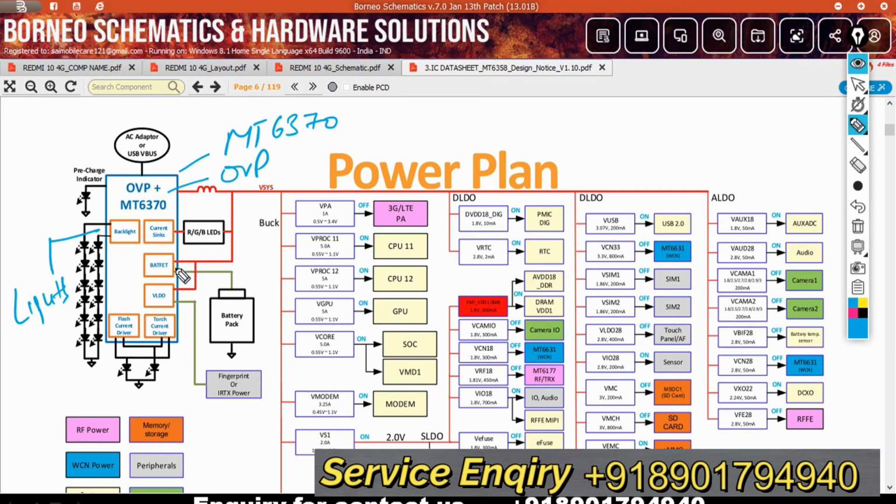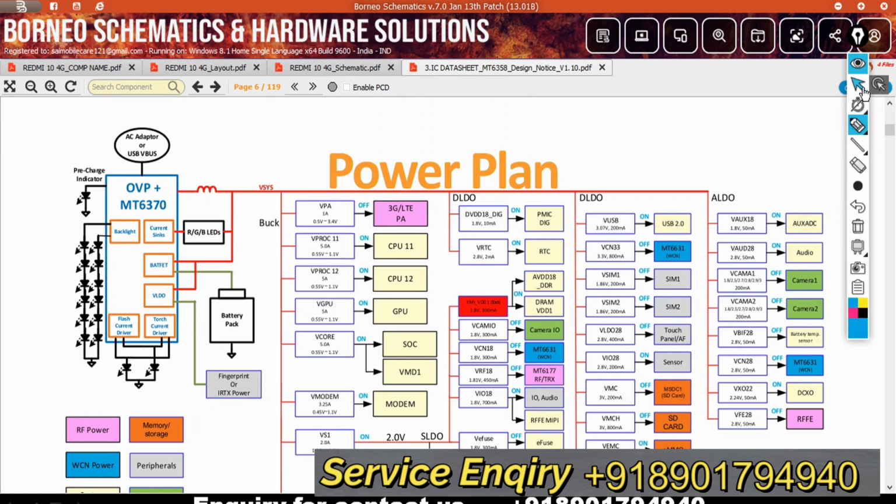You will see BAT FAT connected to the battery. This IC produces the VPH, and this line, V system, goes to the box like this. This line also goes to many sections. So this is a block diagram. How to read this block diagram, we will cover in another video.